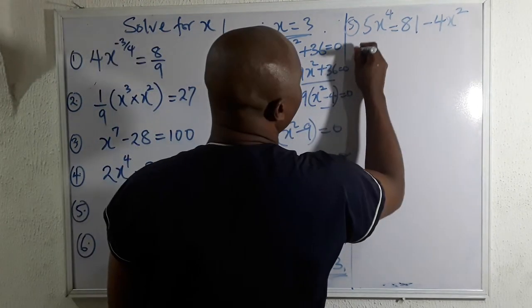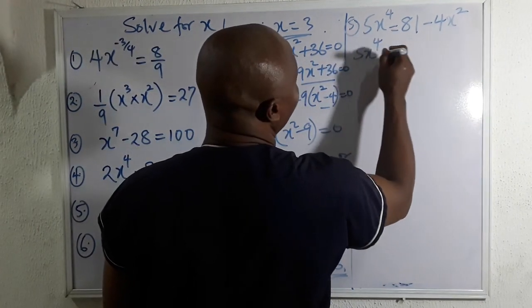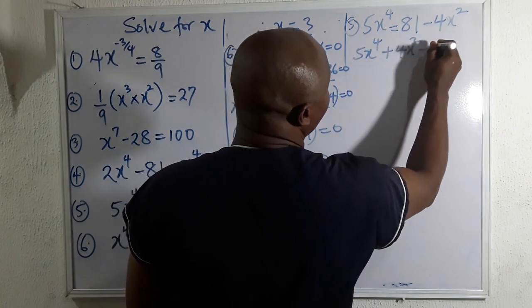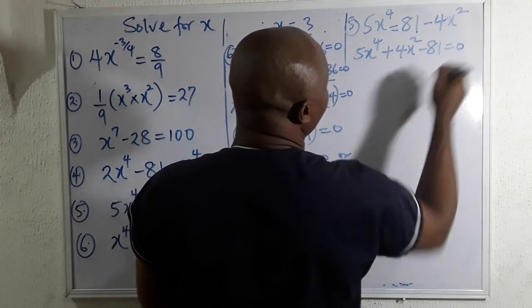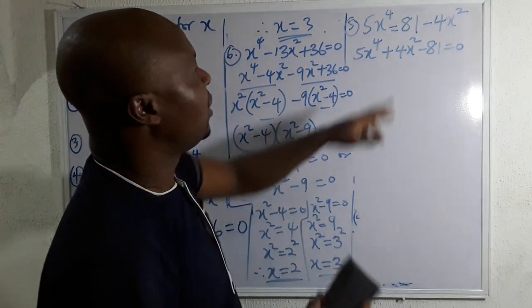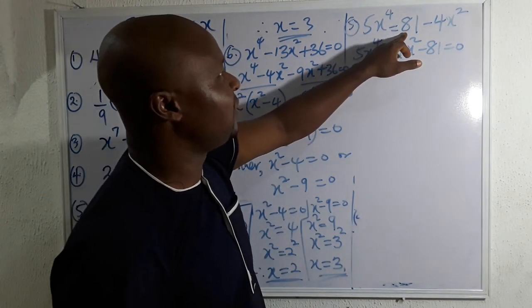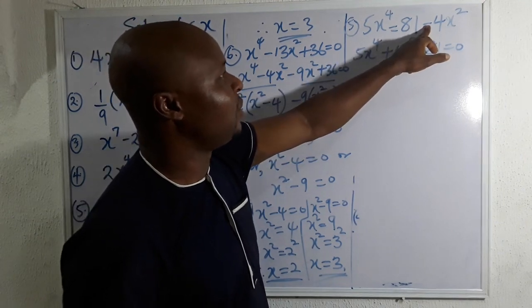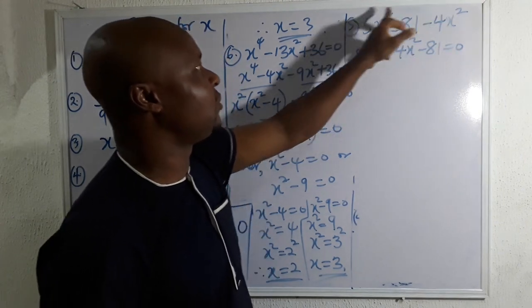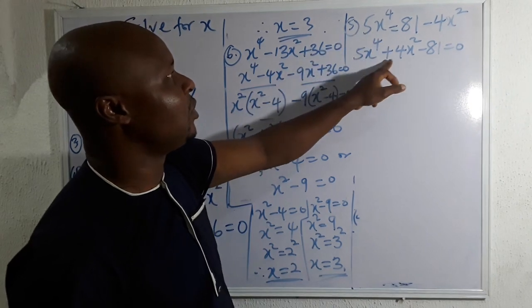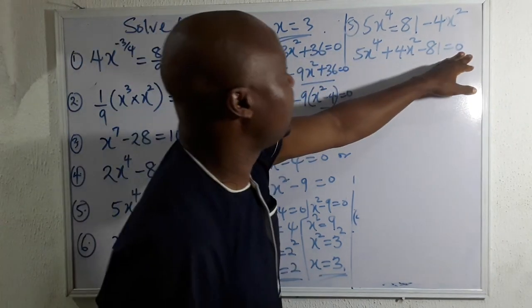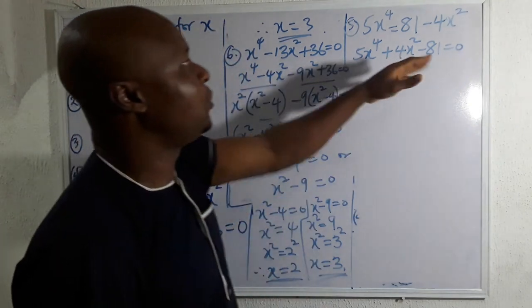So that would be 5x raised to power 4 plus 4x raised to power 2 minus 81 is equal to 0. Again, when 81 is positive, when it crosses it becomes negative. This is minus 4x squared; when it crosses the equality sign to this side, it becomes positive. And nothing will be left on the right hand side, so that's why I put 0 there.